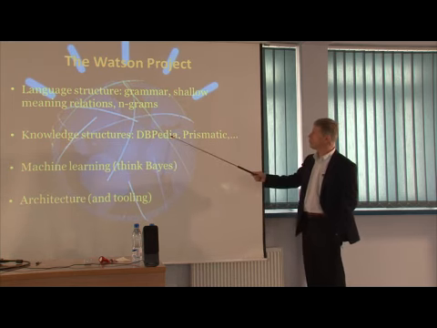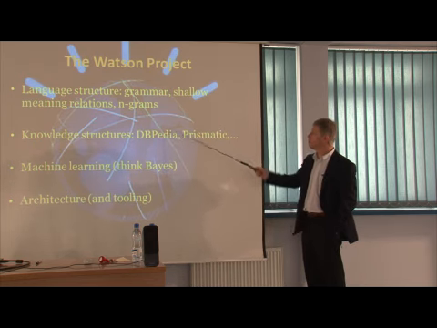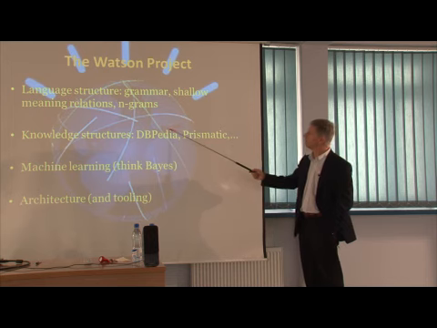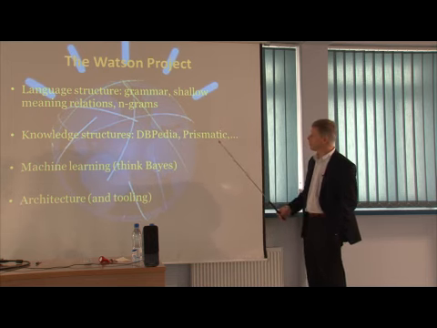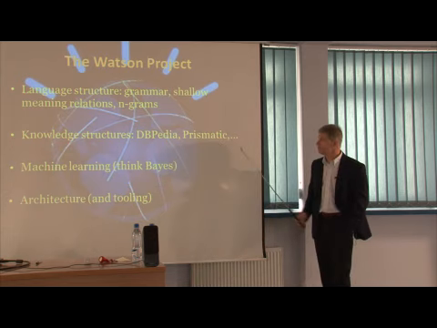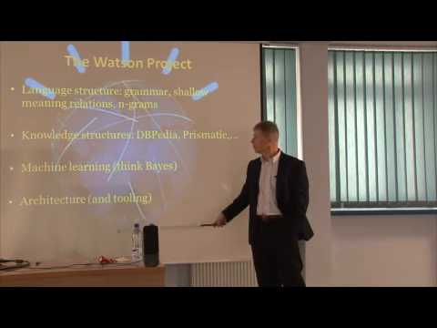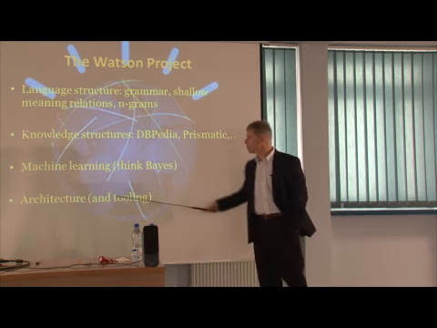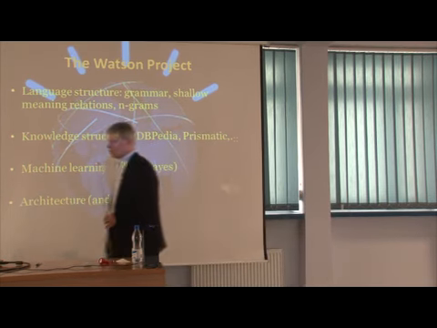We had some knowledge structures, which is DBpedia, which is a database version of some of the Wikipedia data, and Prismatic, which is relationships derived from textual data. A lot of machine learning, and architecture and tooling. So we're going to cover all of this in the class.